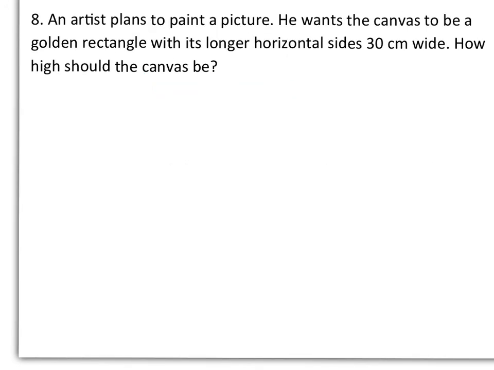Let's look at our last example. An artist plans to paint a picture. He wants the canvas to be a golden rectangle with its longer horizontal sides 30 centimeters wide. How high should the canvas be? So remember, our golden ratio is 1 to 1.618, and it says the longer horizontal side is 30. So we don't know how high it should be.